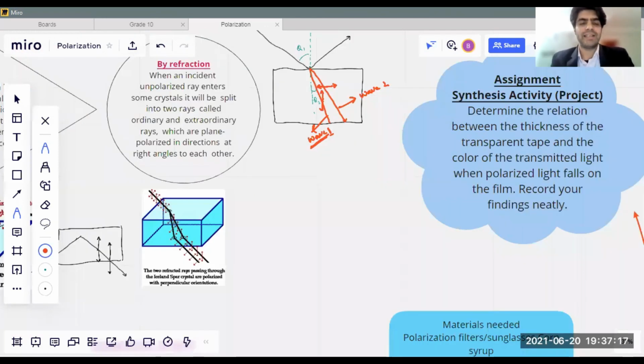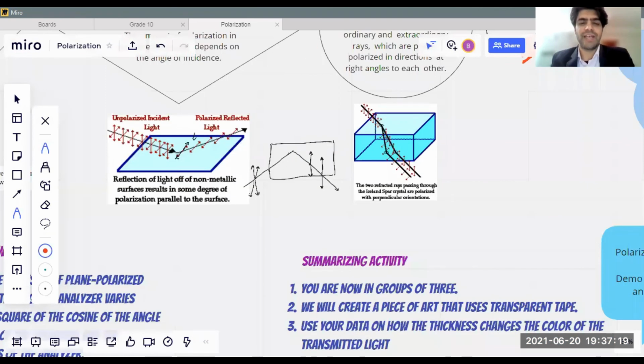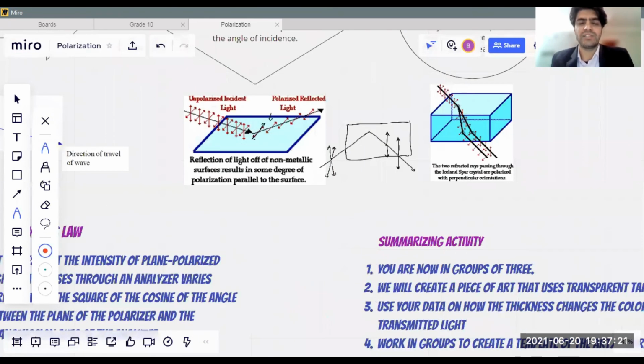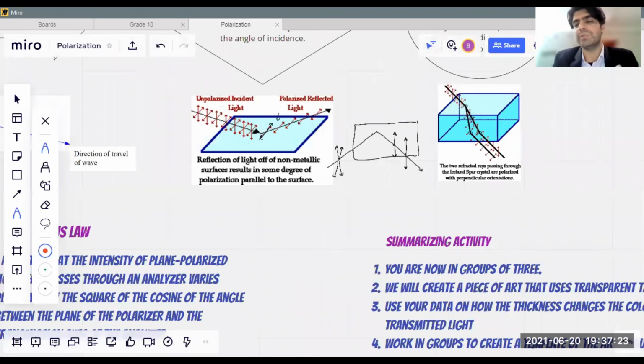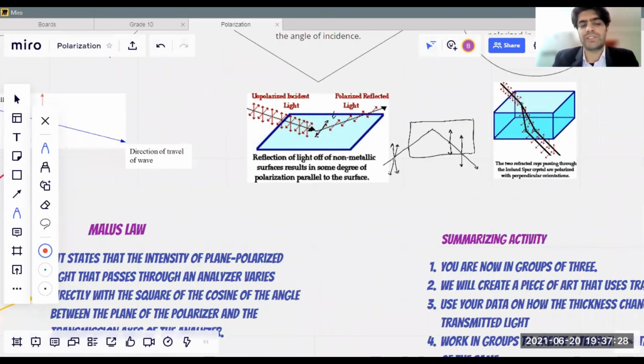Then in the middle, I showed you with the help of diagrams and illustrations how the incident ray falls onto the surface and is then polarized. Then we discussed Malus law, which states that the intensity of polarized light when it passes through a polarizer is directly proportional to the square of the cosine of the angle it makes with the plane of the polarizer and the analyzer.